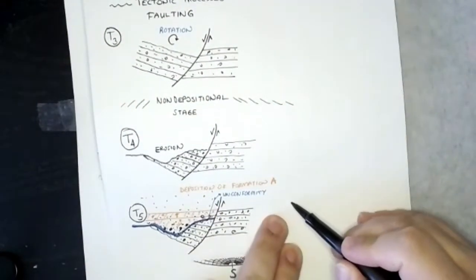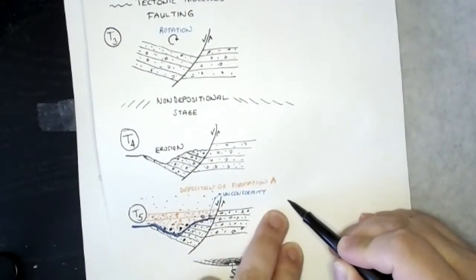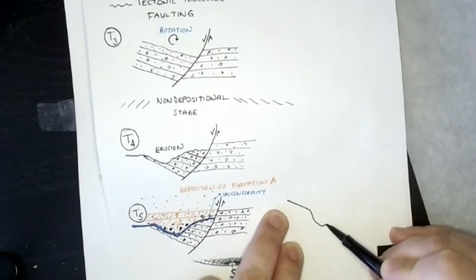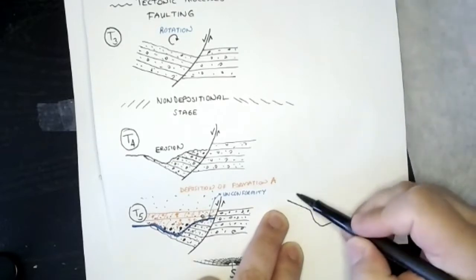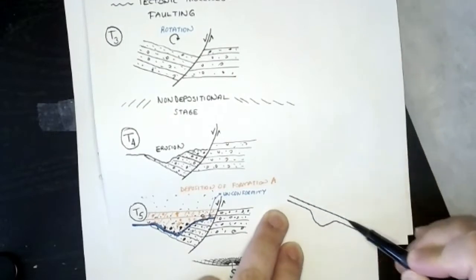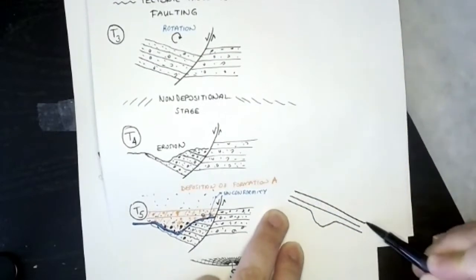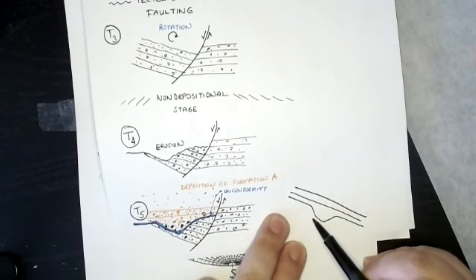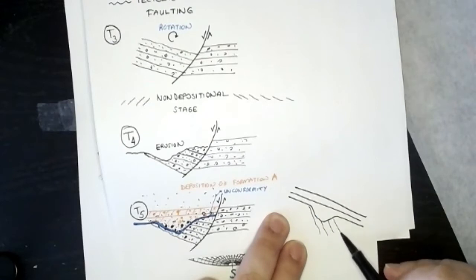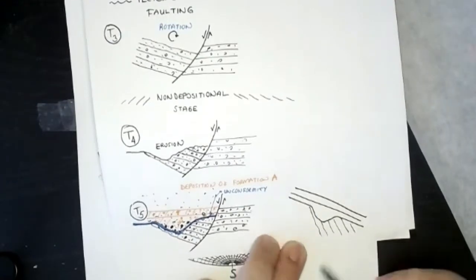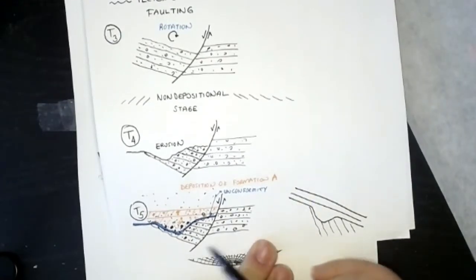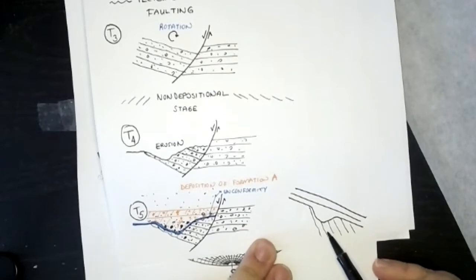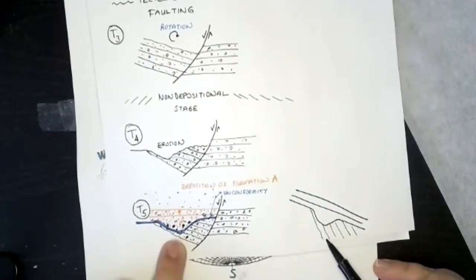So in this case, this unconformity plane will be tilted like this, and the top units, which used to be horizontal, will be tilted like this, and this bottom unit will be tilted more. So here you can see the angle of this unit is steeper than this.